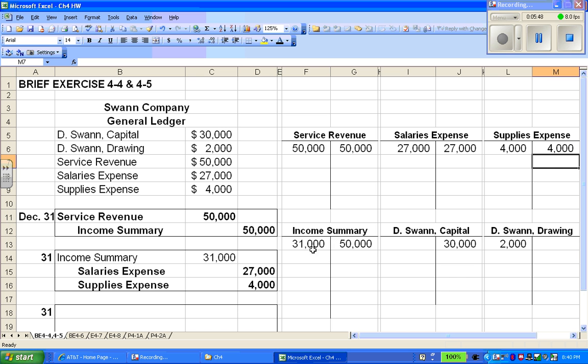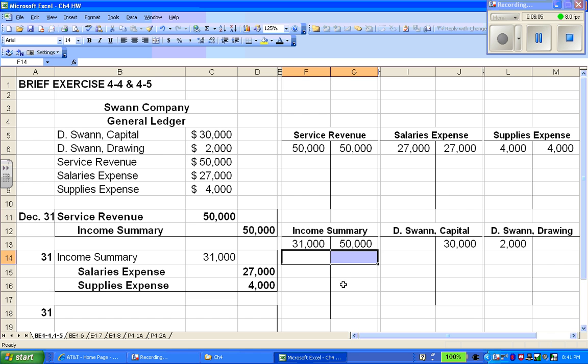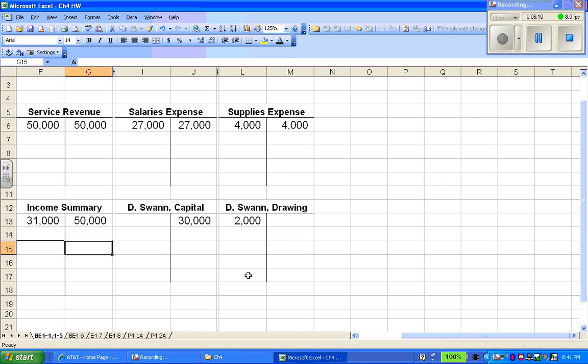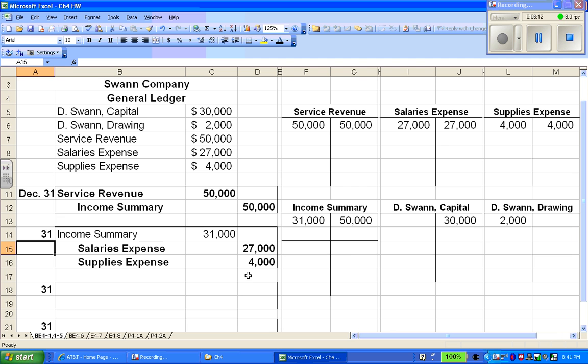Well, let's see, what do we have? We have debits of 31,000 and a credit of 50,000. So my balance here, let me put it right here. I'll draw a line so I can get a balance. Sorry, I'm doing this on a laptop and the mouse has a tendency to jump.